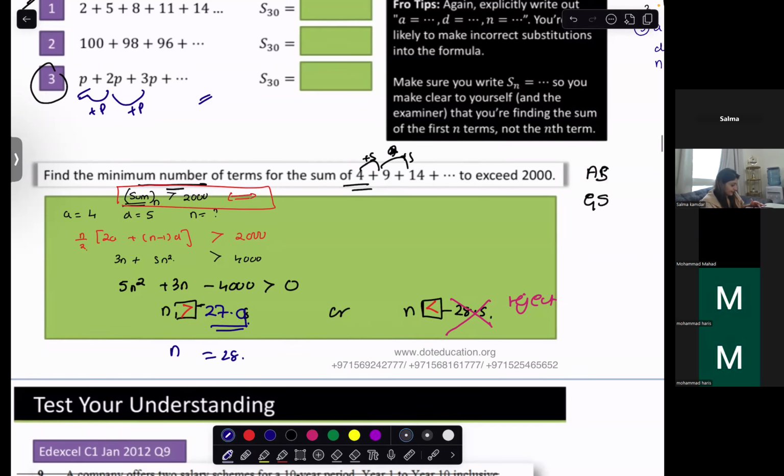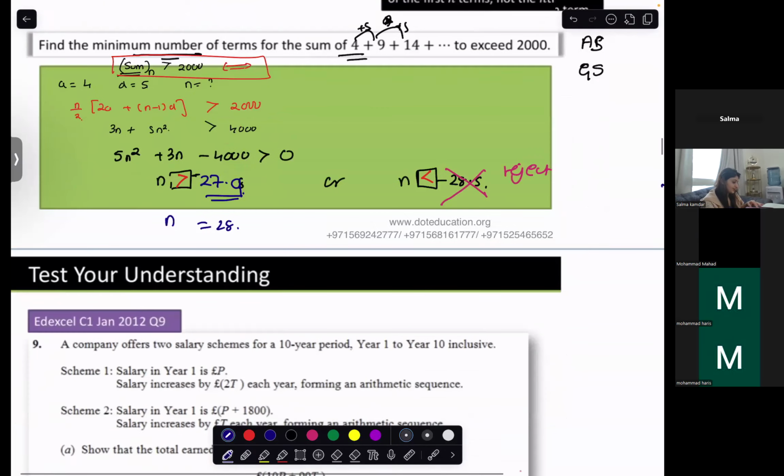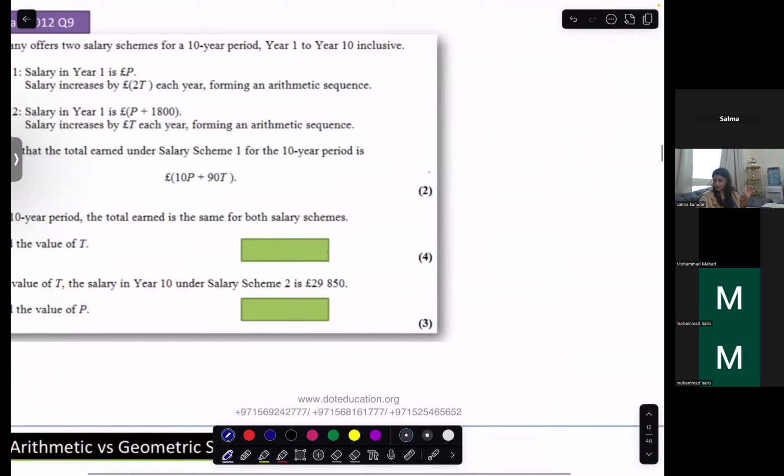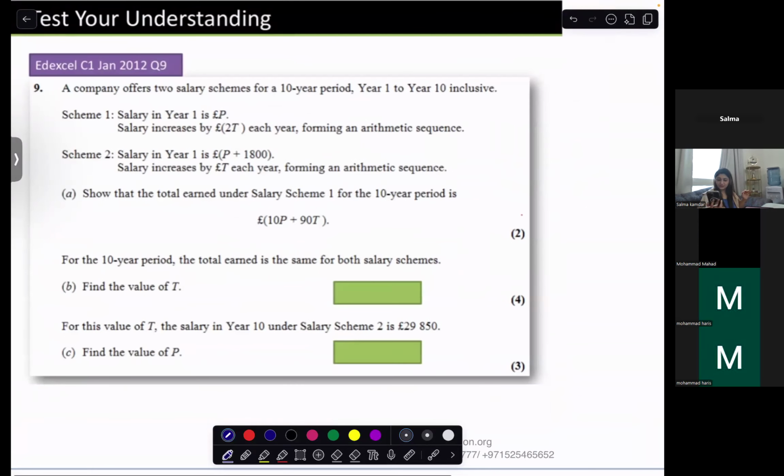Okay, fine. Let's read this sum. Do you want to read it yourself, or do you want me to read? We'll try to do it ourselves. Okay, I want to read the key information along with you. Read the question, please.